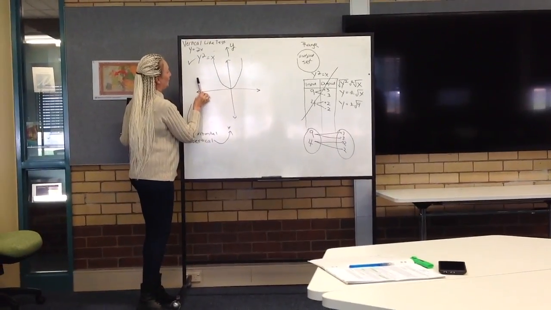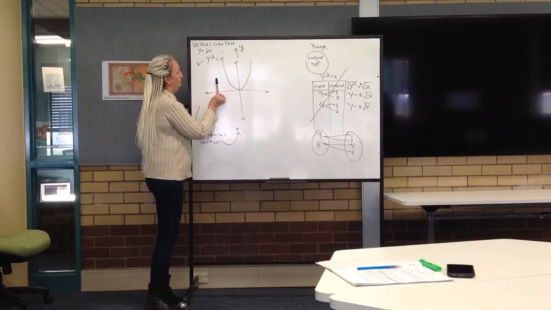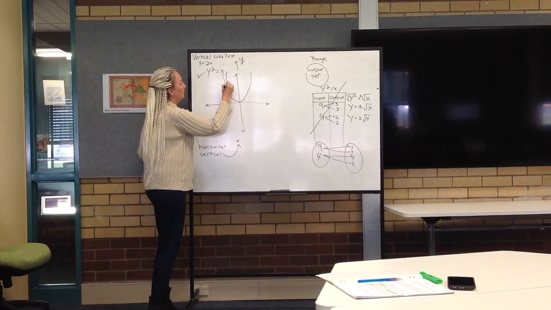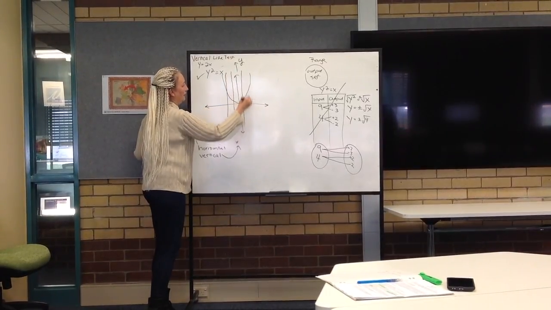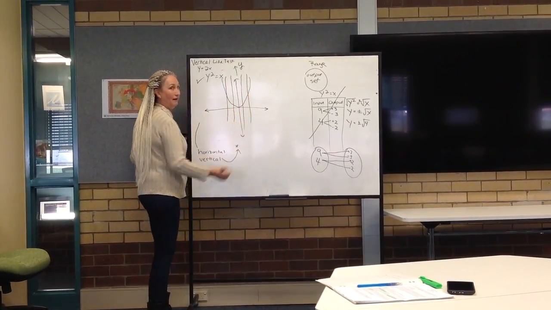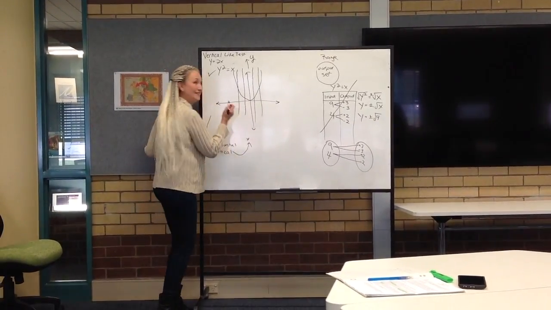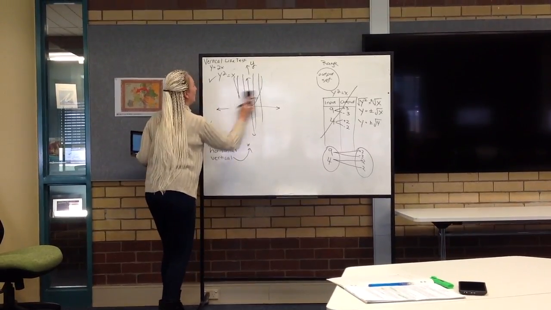So as we go across here, is that how Australians pronounce it, parabola? Depends who you talk to. What do you think? Does it go through more than twice? Do you see any place? I don't. So is this a function, or is this not a function? A function. Good.